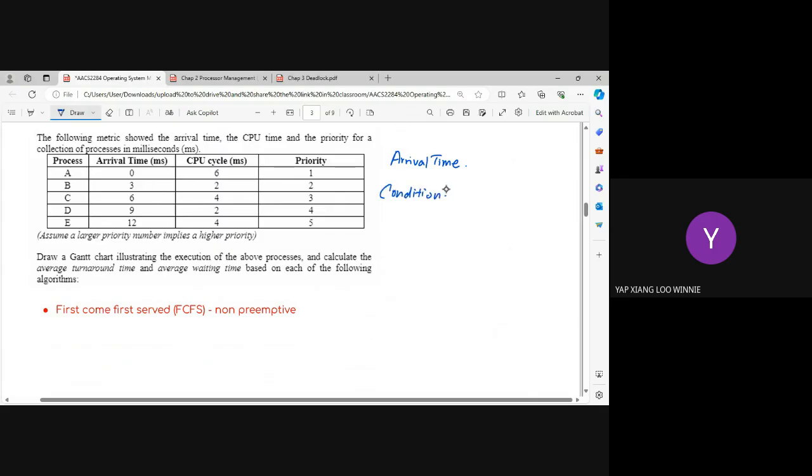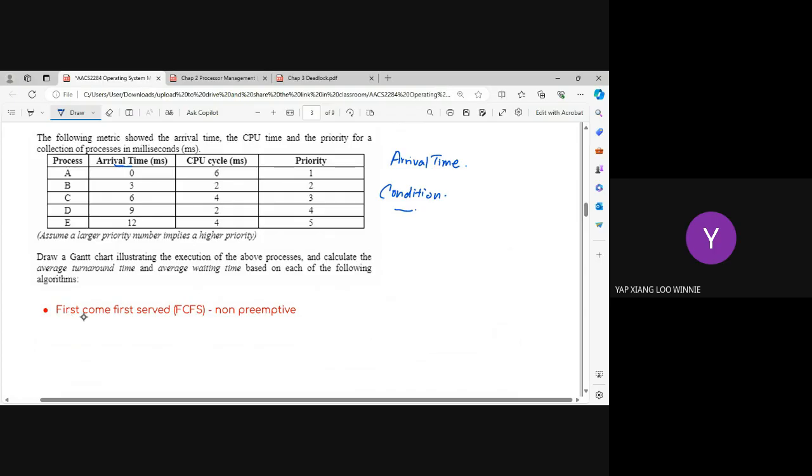What do we mean by arrival time? We refer to this column. At 0 milliseconds, process A has arrived. That is the arrival time. The condition refers to the scheduling algorithm.